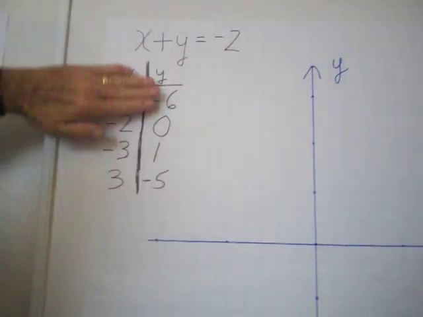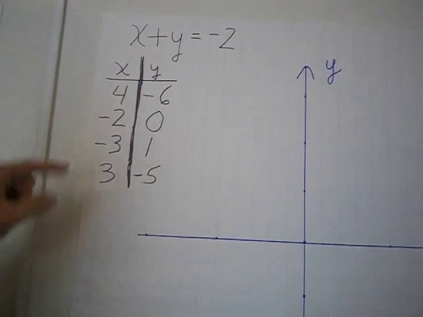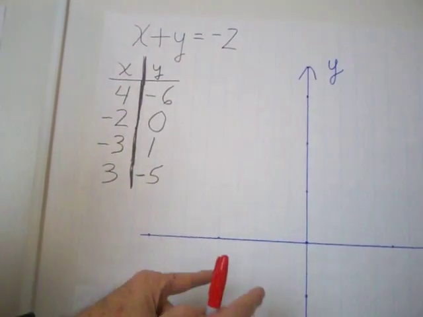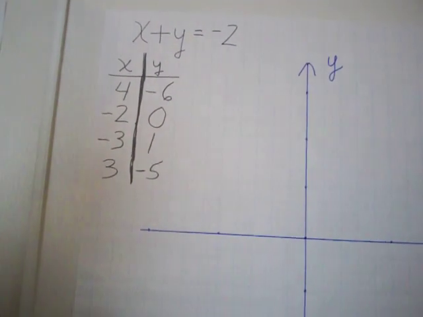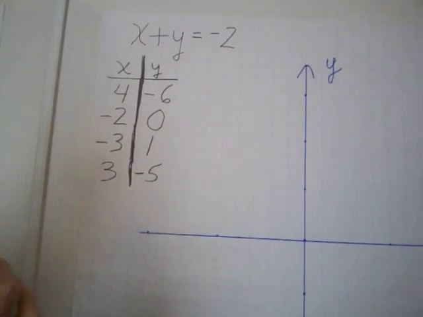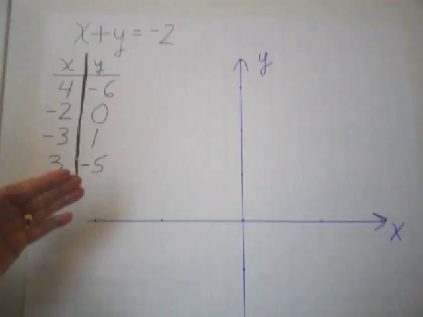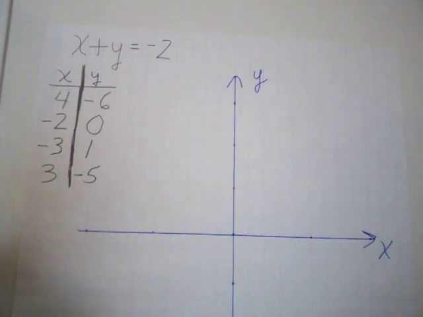Well, this is the completed set of 4 ordered pairs that we came up with. If we plot these 4 points correctly on this coordinate plane, all of the points should be lined up on the same imaginary line. They should be collinear, points that are all together on the same line.